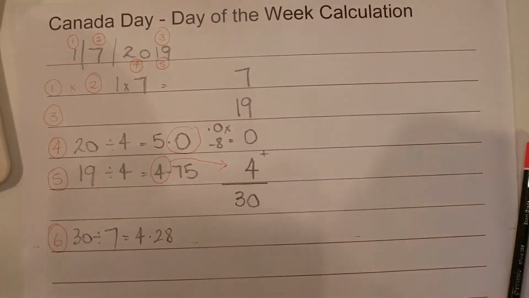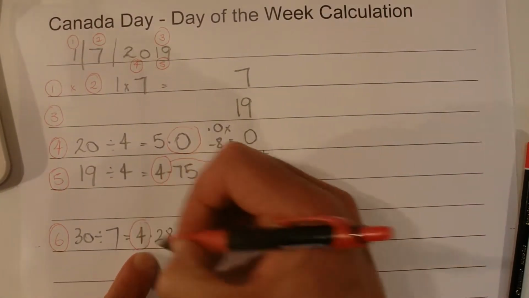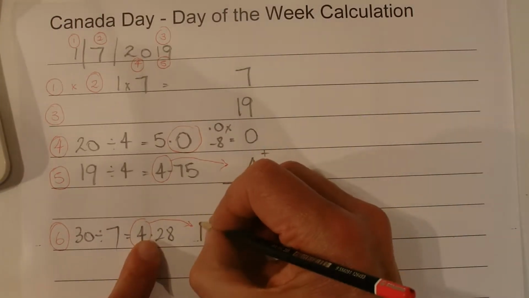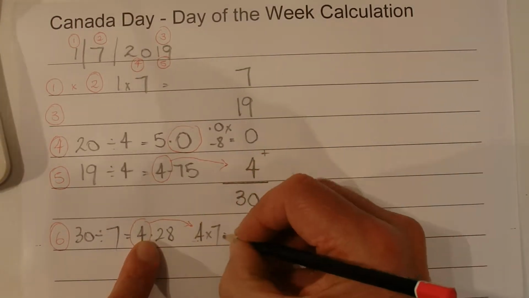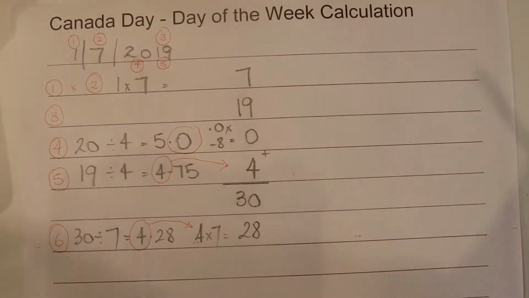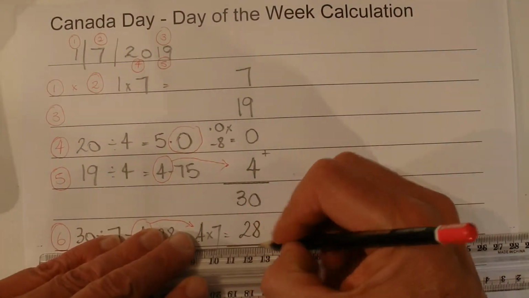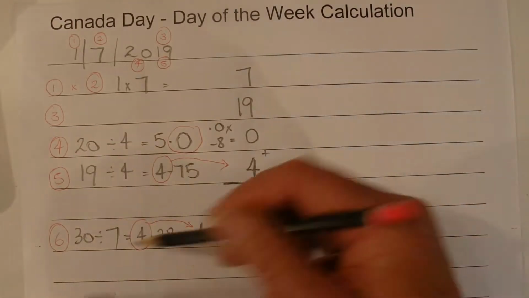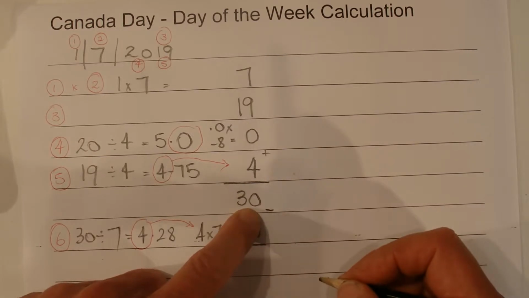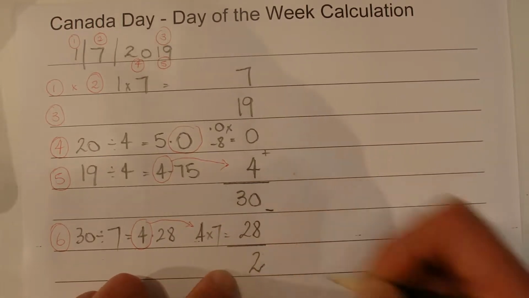We'll just write down the 4.28, pick up the 4, and multiply the 4 by 7, which is 28. This is where we find the remainder after dividing that number by 7. So the remainder, 30 minus 28, is 2.